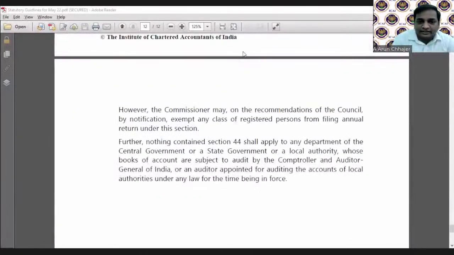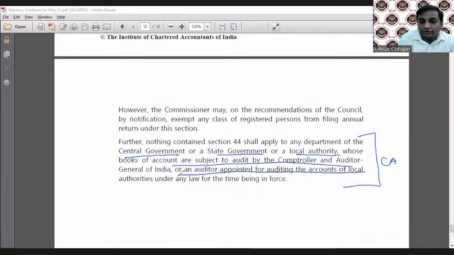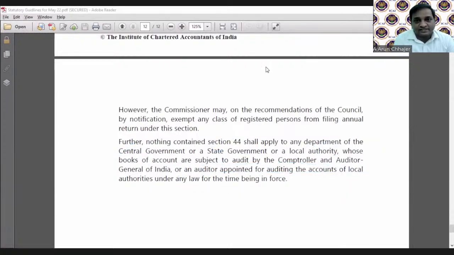However, the commissioner can exempt; this shall not apply to the central government, state government or local authority whose books of account are subject to CAG audit, Comptroller and Auditor General of India, or an auditor appointed by the local authority. On those types of entities, GST audit is not applicable.